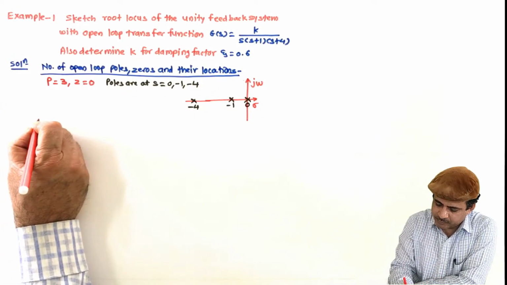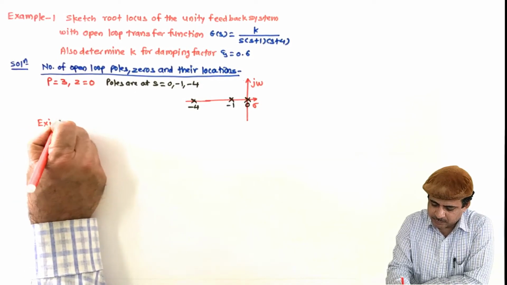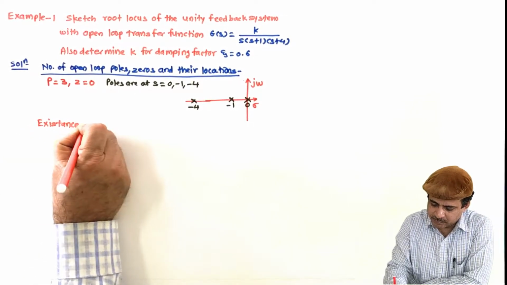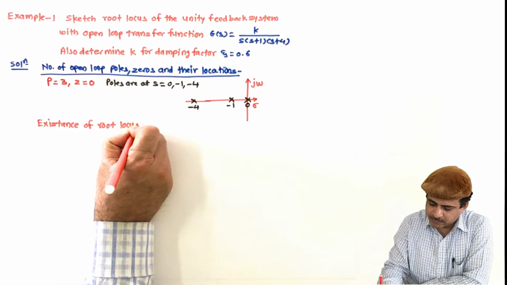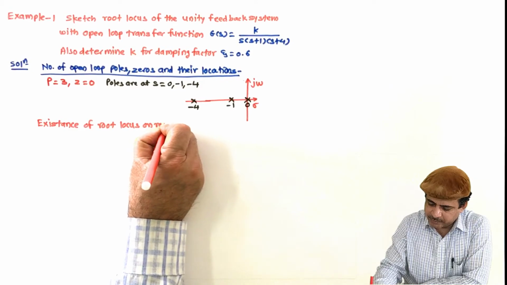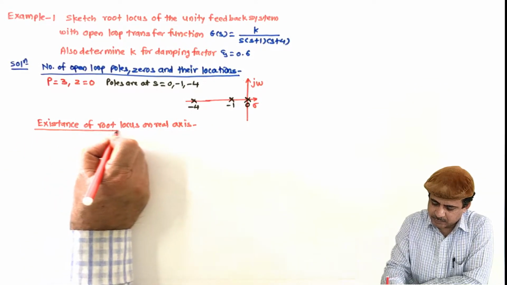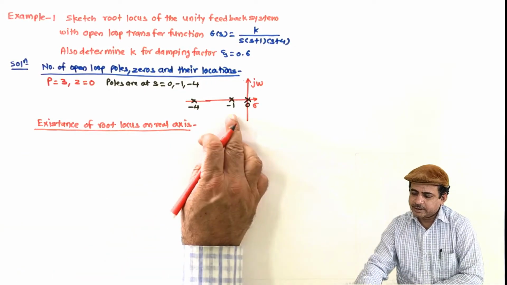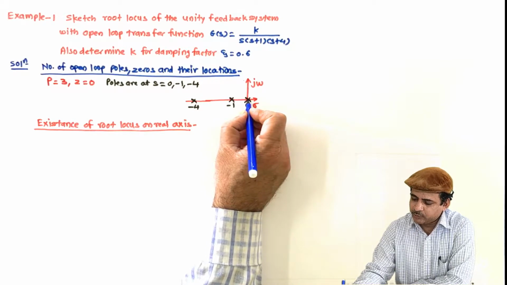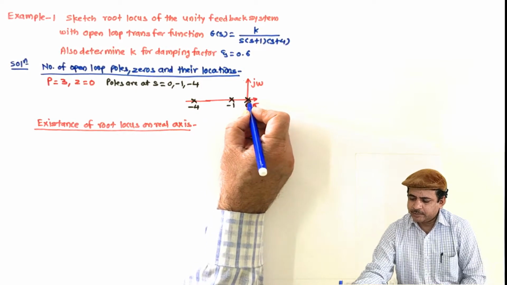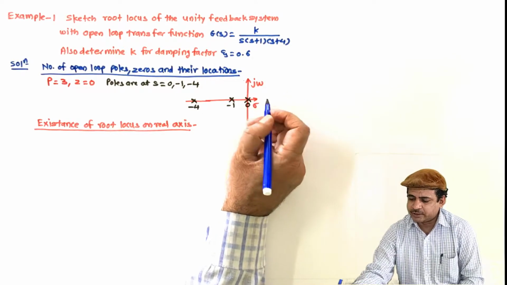existence of root locus on real axis. So if you see here, we have to check towards the right: at 0, the number of poles on the right is 0, so no root locus exists.